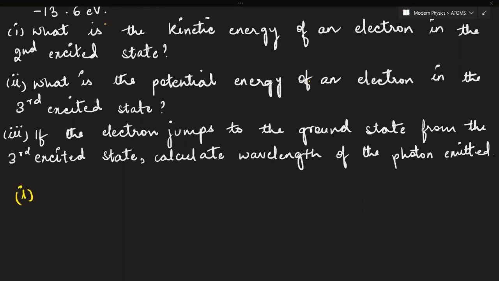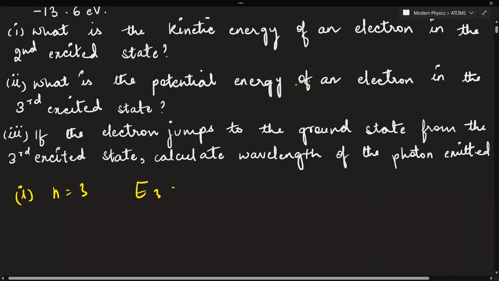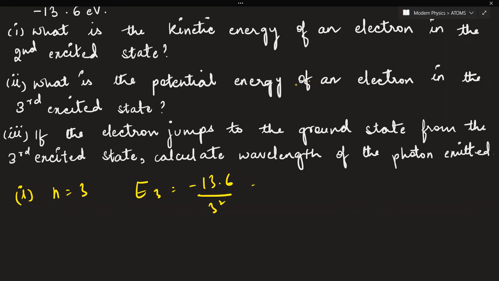We are not calculating E2, Sana. Ground state is N equal to 1, first excited state is N equal to 2, so second excited state means N equal to 3. That is E3, which is minus 13.6 by 3 square, that is minus 1.51 electron volt.